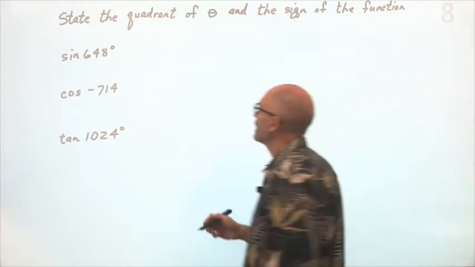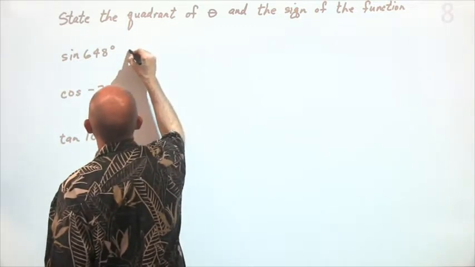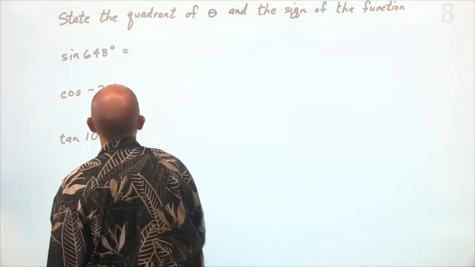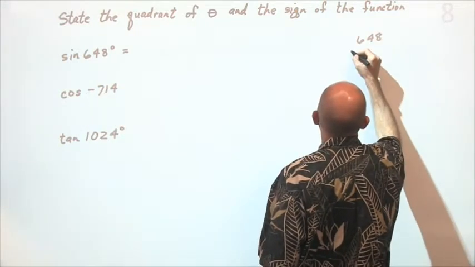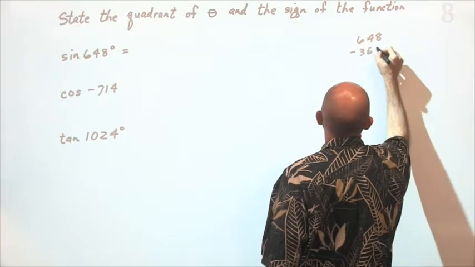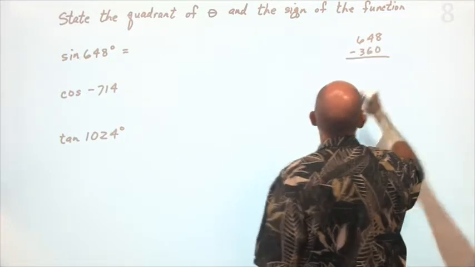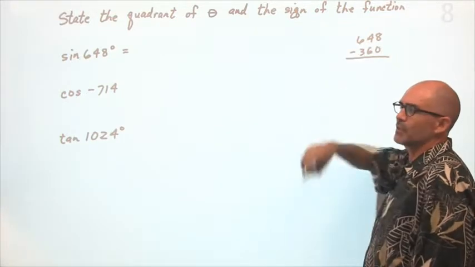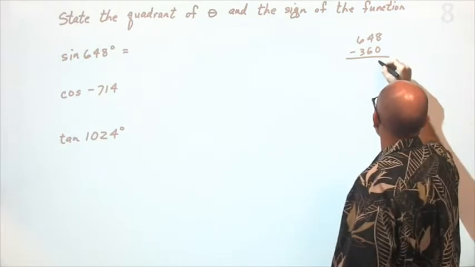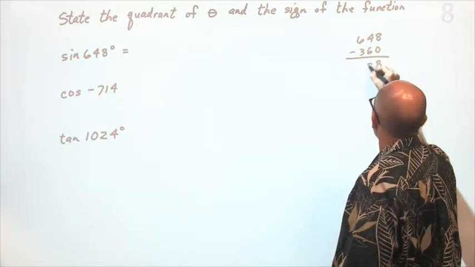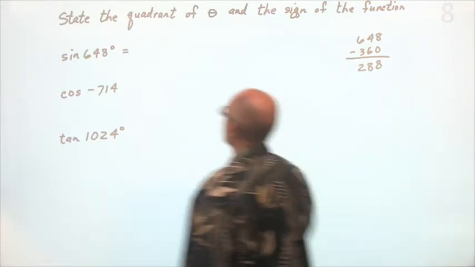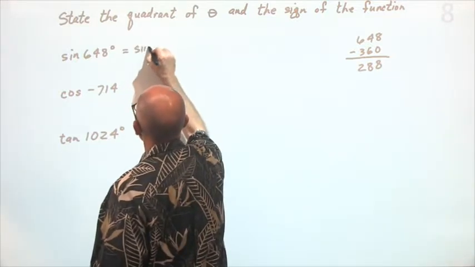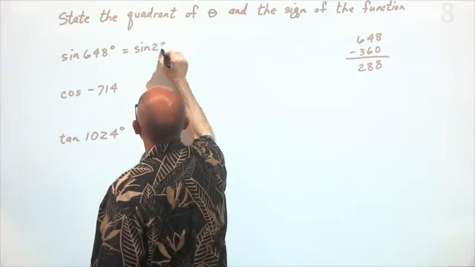So 648 minus 360, by subtracting 360, I'm just going one circle around. So I've got 288. So sine of 648 is the same as sine of 288.